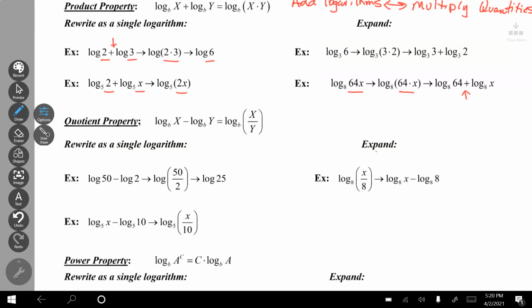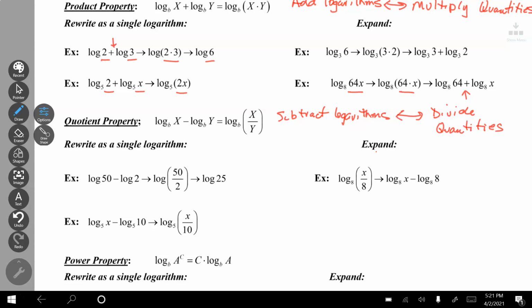The next property is called the quotient property. So when I subtract logarithms, I can divide those quantities within the logarithms.